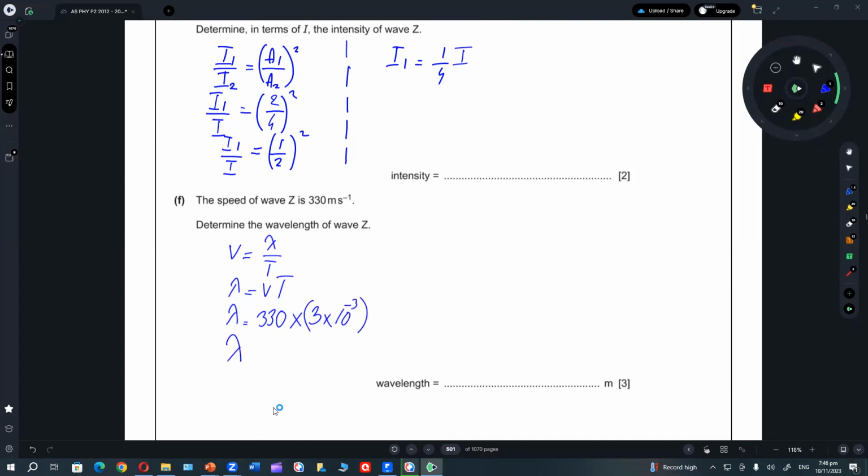And now solve it to find wavelength. 330 divided by 3 times 10 to the power minus 3. We can directly solve it. 0.99, sir. 0.99. Yes. Right.